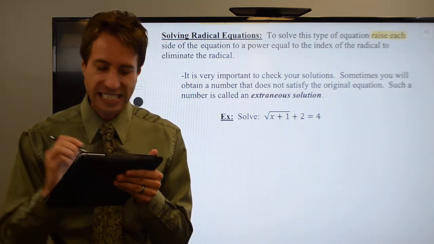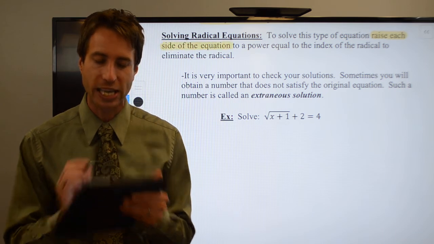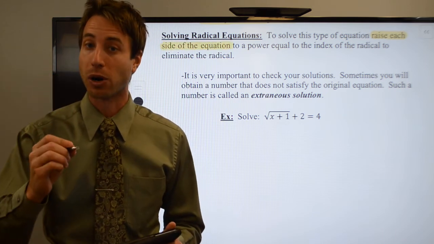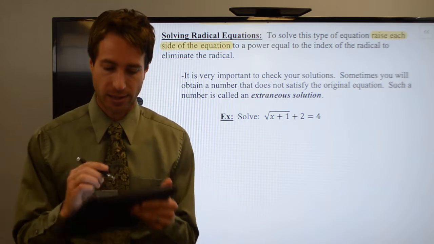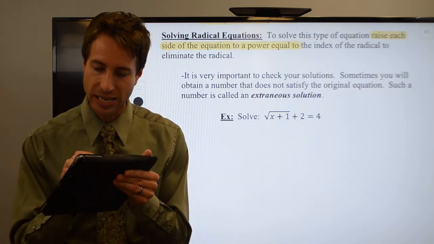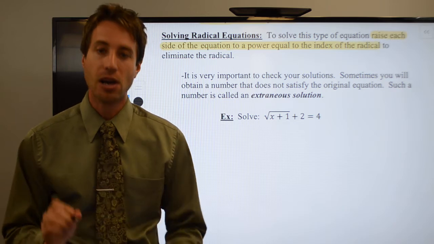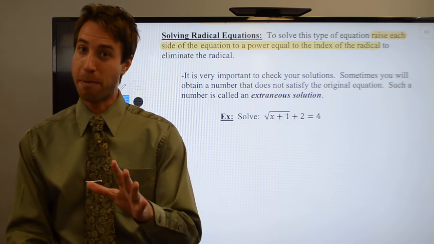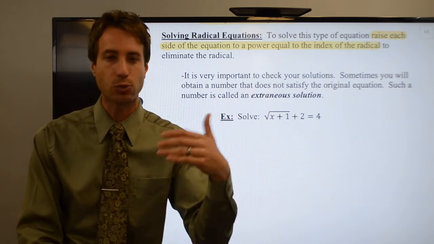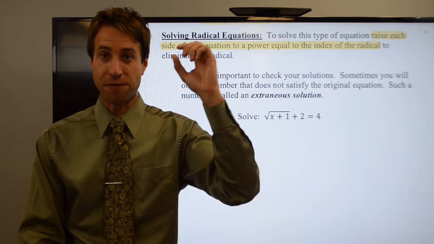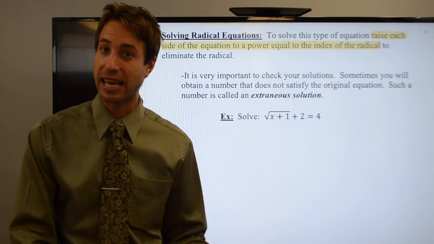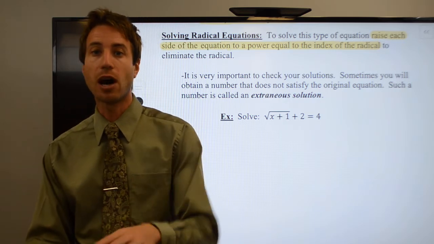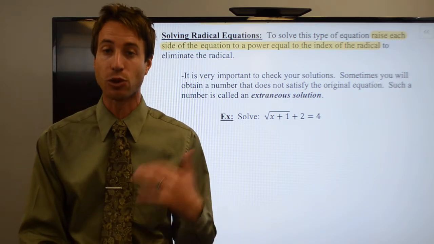You will raise each side to a power equal to the index of the radical. Remember, we just looked at this when simplifying radicals: if the index and the power are the same, they cancel each other out, and you've eliminated the radical.